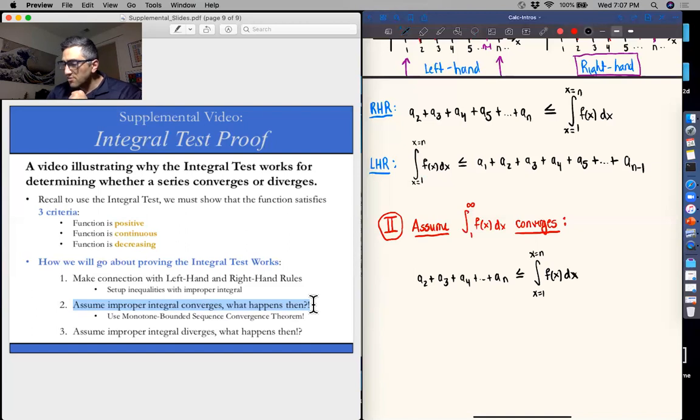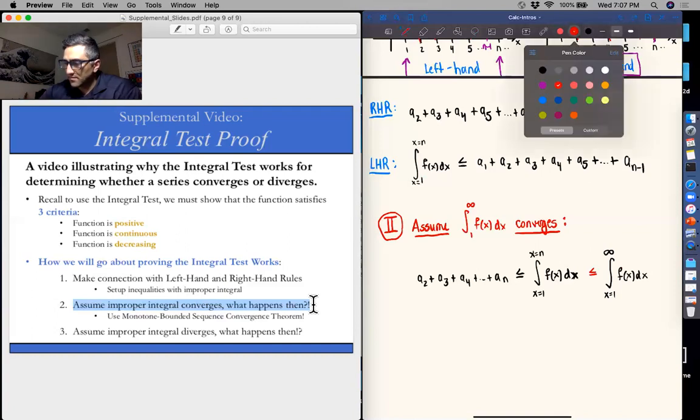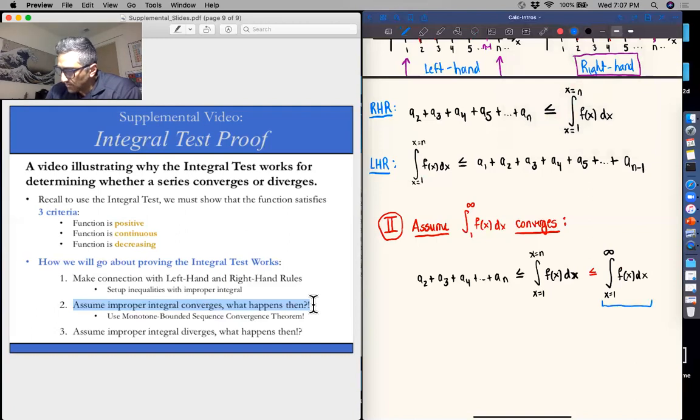Now, if we're considering the full improper integral, that is, we're integrating all the way towards infinity, what we can then say is that this integral from x equals 1 to x equals n must be less than or equal to the full improper integral from x equals 1 to infinity. And mind you, we just assumed that integral converged by our assumption.